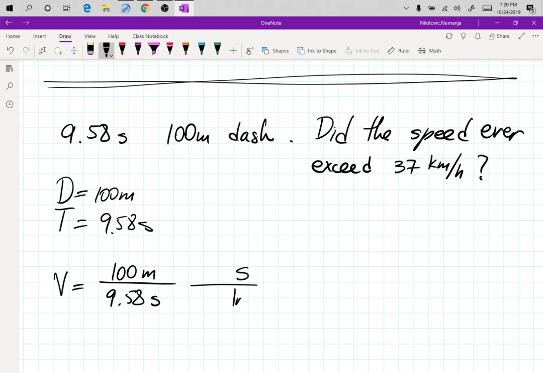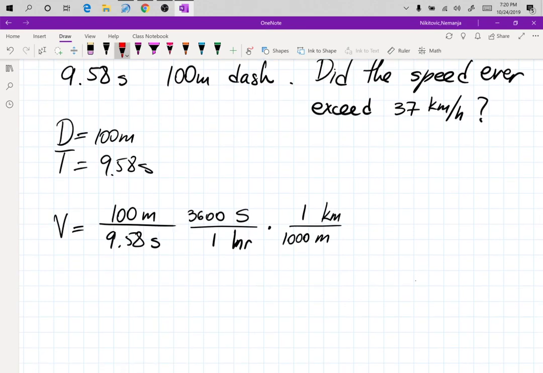I need hours. 1 hour has how many seconds? Very good. And then I need to deal with the meters into kilometers. 1 kilometer has how many meters? Excellent. So now we cancel everything we can. Meters cancel meters. Seconds cancel seconds. So you see that the only units left are kilometers and hours.